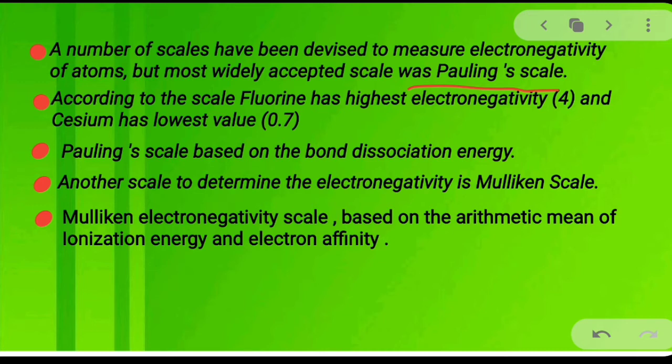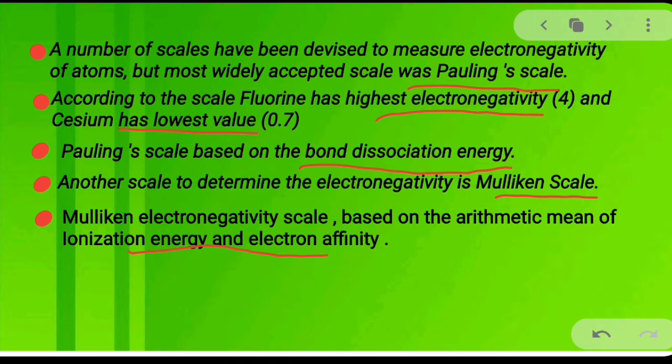According to the scale, fluorine has the highest electronegativity and the value is 4, and cesium has the lowest electronegativity value and that is 0.7. The Pauling scale is based on bond dissociation energy, and another scale to determine the electronegativity is the Mulliken scale, and the Mulliken scale is based on the arithmetic mean of the ionization energy and the electron affinity.